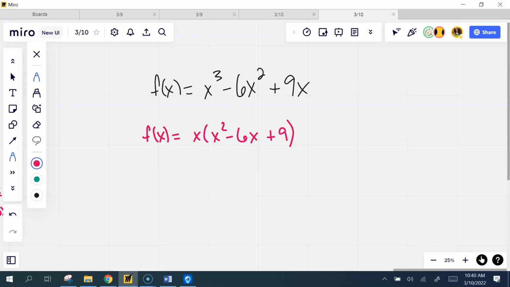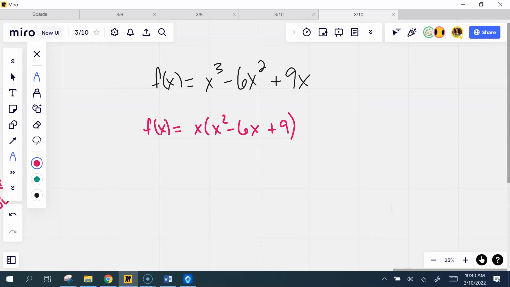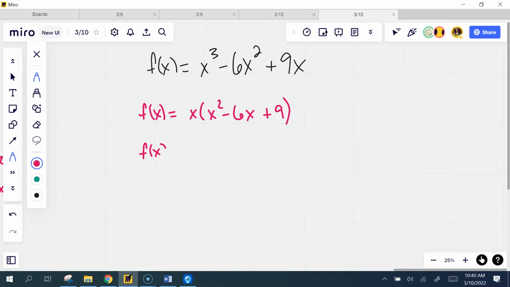That looks like a special kind of trinomial. Everybody factor down that way?